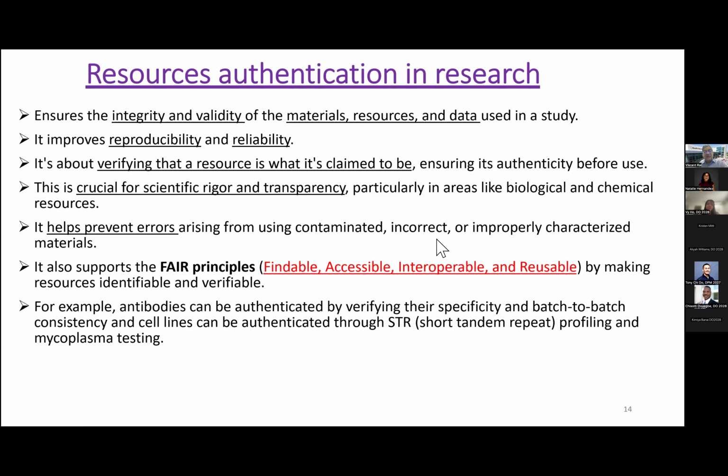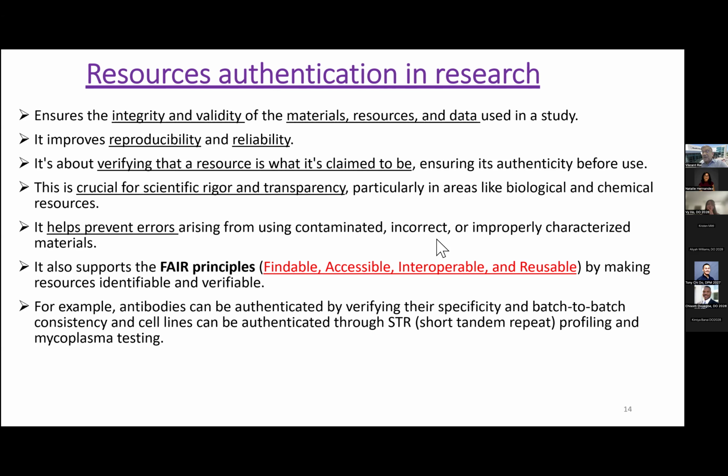That means whenever we are publishing a manuscript out of the data we are getting, we will be including the catalog number of the antibody or any resource which we have used, maybe a chemical or a buffer or anything. We have to include the catalog number and the vendor name, that we got this antibody or chemical or buffer or reagent from this catalog number, and this is the vendor.